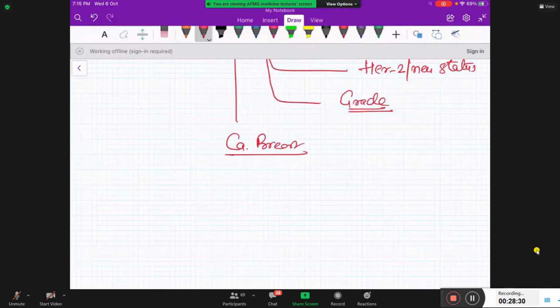To decide the management, I have to first make out what stage the patient is in. And let me tell you, carcinoma breast staging is very, very important for us. Not only that, we need to know the TNM. We are also supposed to know the stage as per TNM.